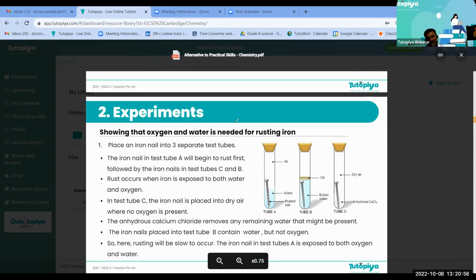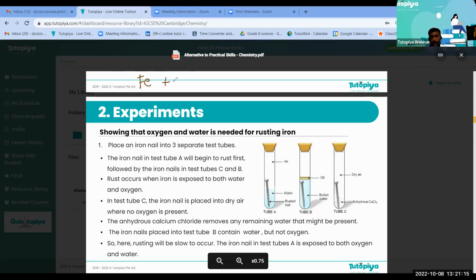But what is rust? Do you know what is chemically, what is rust? Okay, I'll help you. Rust is, this is iron. This is nice shining white or shining gray.